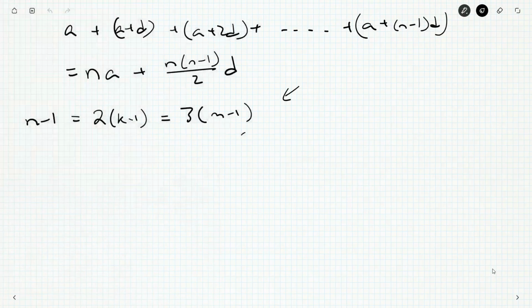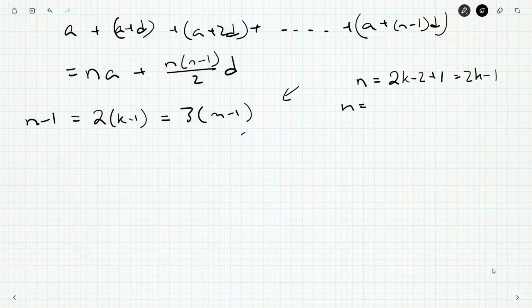Well, I can get k in terms of n and m in terms of n, and then convert those two previous equations into ones involving n, and maybe that might make things clearer. So n is 2k minus 2 plus 1, so 2k minus 1.